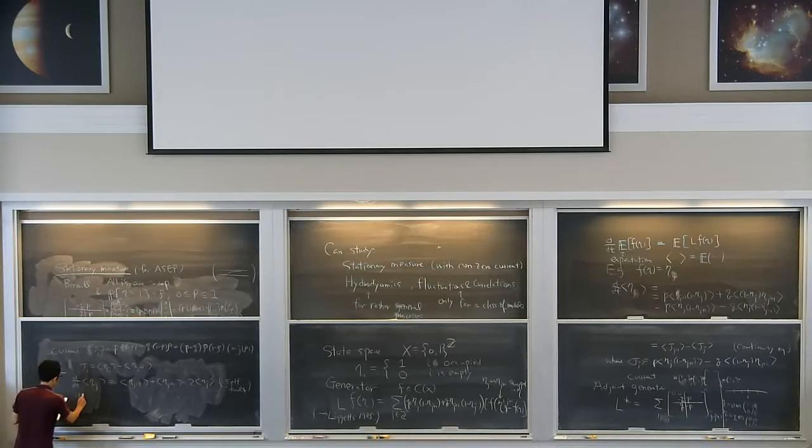So now we have to do some scaling. j is taken to be x over epsilon, and t to be t tilde over epsilon squared, and then we rename t tilde back to t.